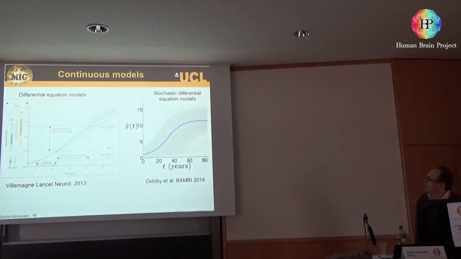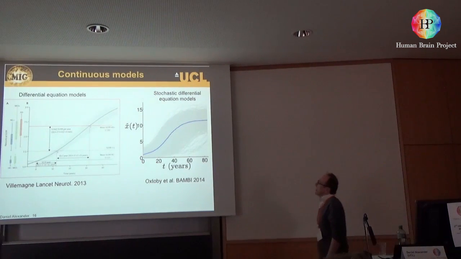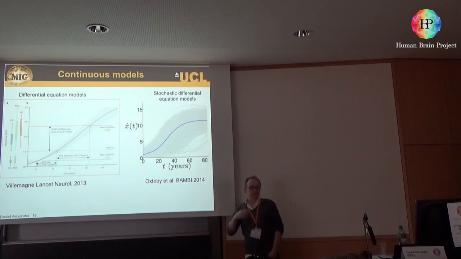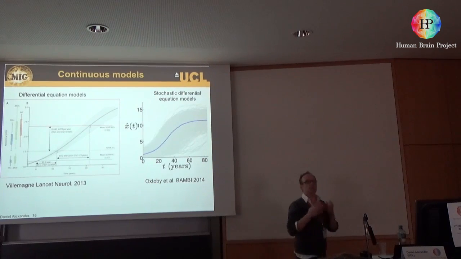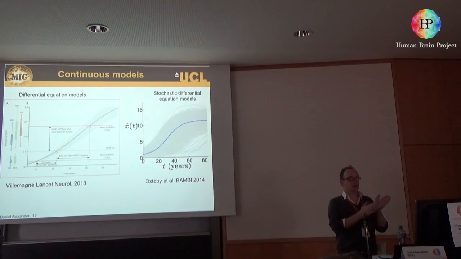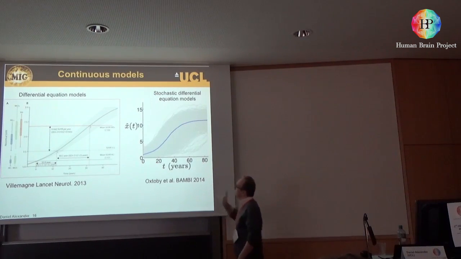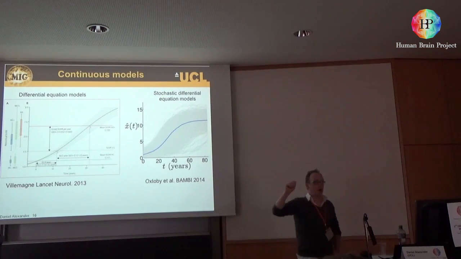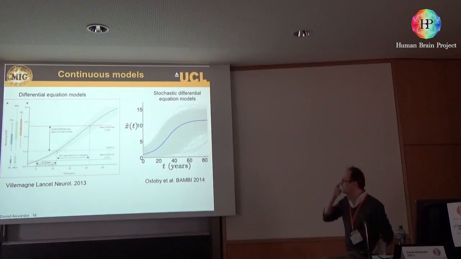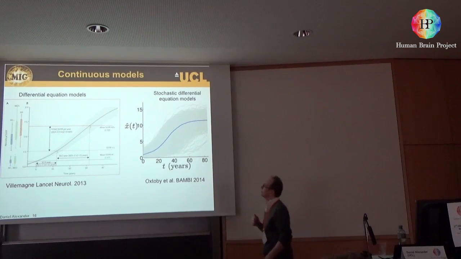Okay, so the other models I just wanted to mention: a limitation of the event-based model is that it's very discrete. It just says things are initially normal, then suddenly they switch to abnormal. Obviously that's not really the way biomarkers behave. There are various other models which can learn a more continuous trajectory of biomarkers, again from largely cross-sectional data or short-term longitudinal data.